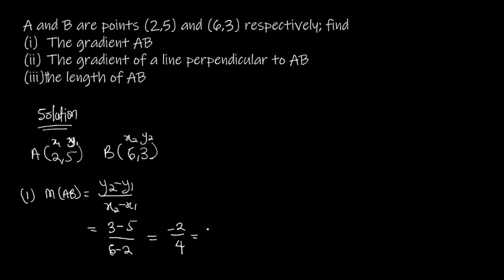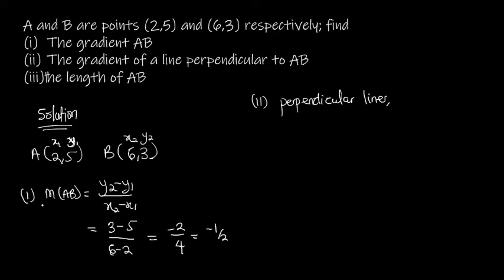So this is equal to negative 1 on 2 as my gradient for the line AB. Now, the gradient of the line perpendicular to AB. So now we said for perpendicular lines, if you multiply their gradients, you should get negative 1.